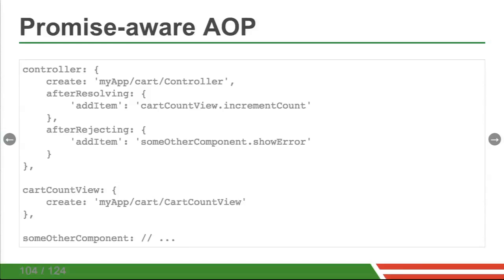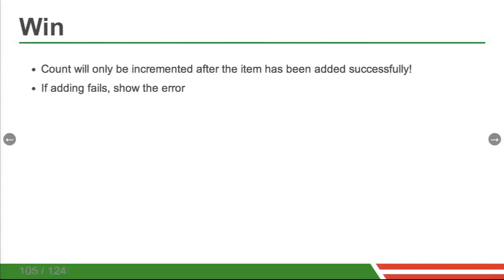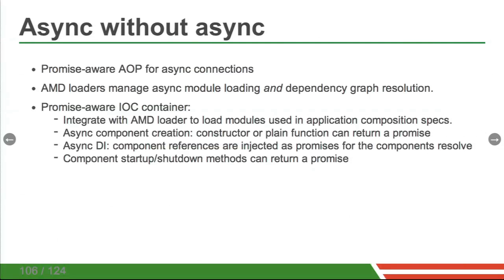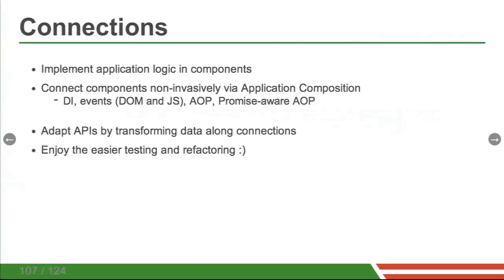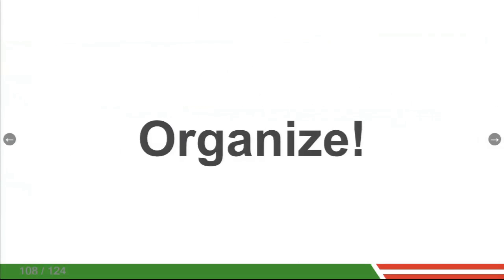Yeah, $.get, it does the same thing. We can attach advice that will run if that promise rejects. So now we have the same kind of success and fail branch done through the IOC container declaratively, but it's all asynchronous. And now we're really done.